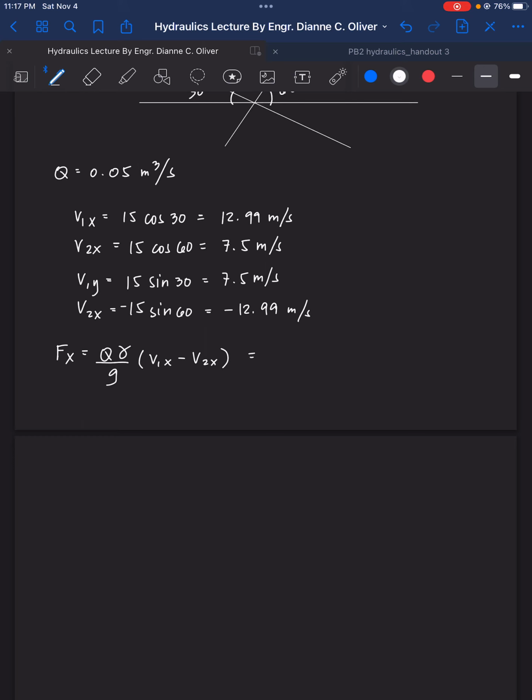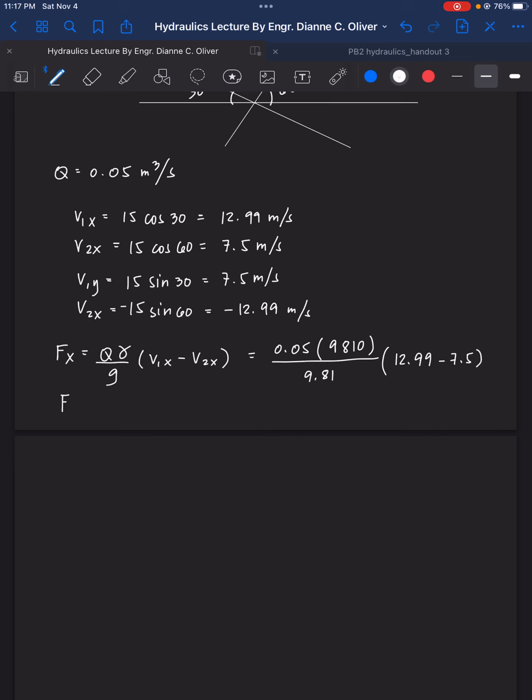So that is equal to Q of 0.05 times gamma. What's the gamma for water? If we are going to take the answer in Newton, we'll put here 9810 Newton per cubic meter over the acceleration of gravity, times V1x 12.99 minus V2x 7.5.